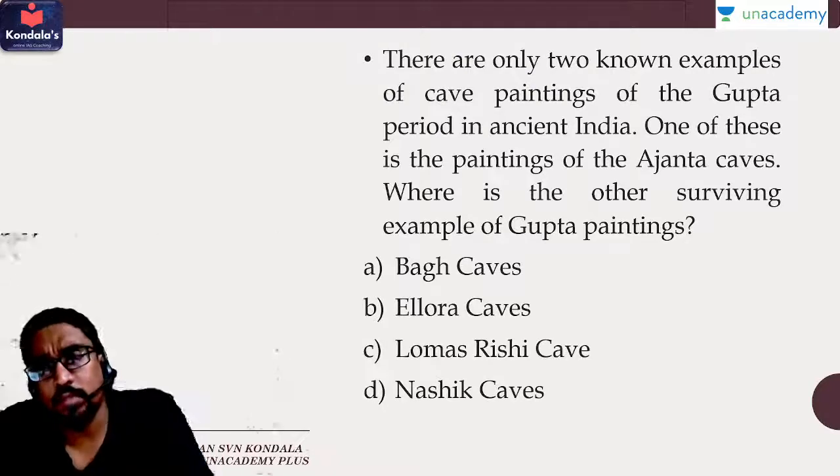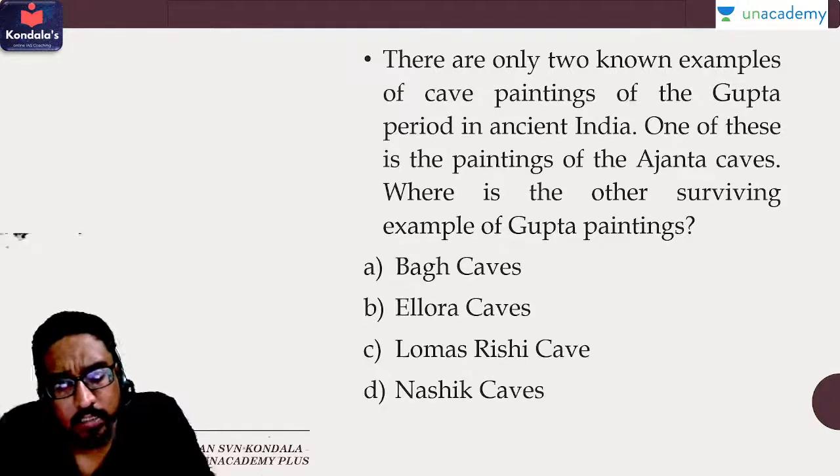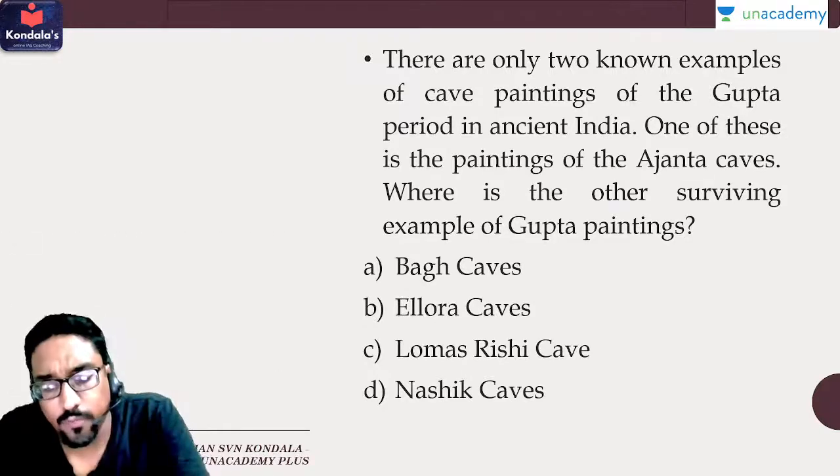There are only two known examples of cave paintings of the Gupta period in ancient India. One of these is the Ajanta Caves. Where is the other surviving example of Gupta paintings?